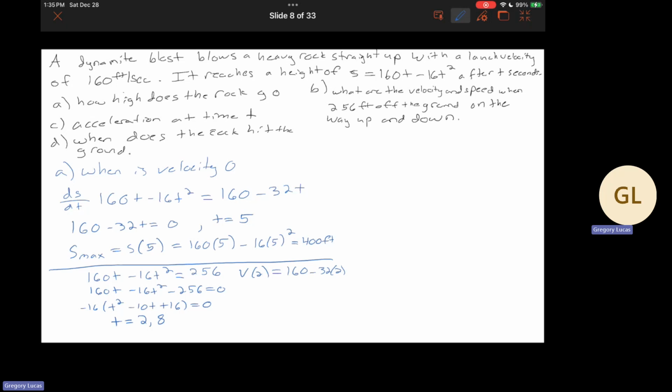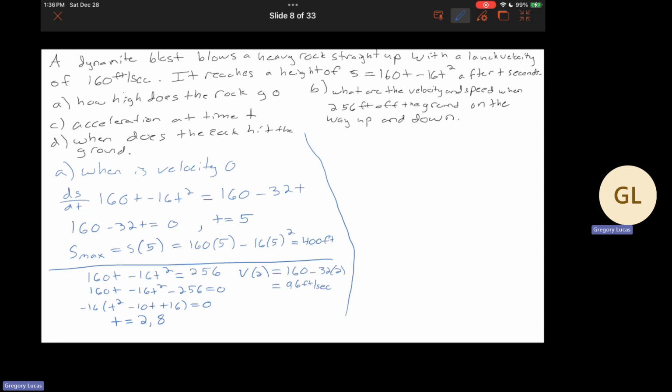In the last part, we found the velocity function. That's where I'm getting these numbers. So if we do 160 minus 64, we should get 96 feet per second. With velocity, remember, it's feet over seconds because I'm taking the displacement over time.